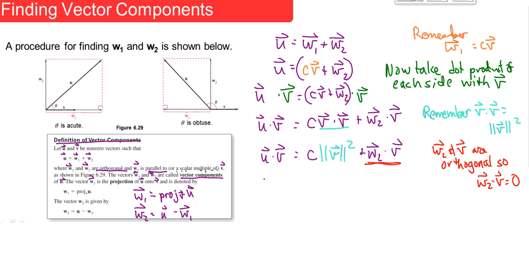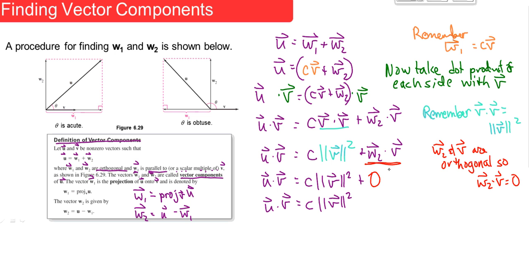So I get U dot V equals C times the magnitude of V squared plus 0. So then I'll just write it without the 0: U dot V is equal to C times the magnitude of V squared.